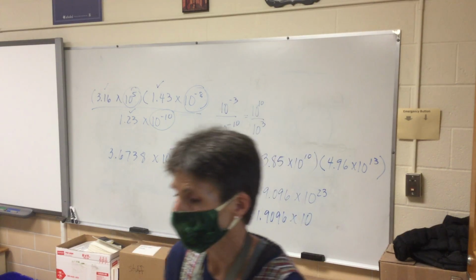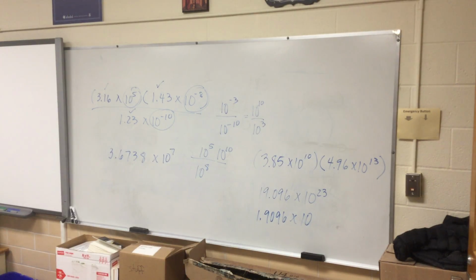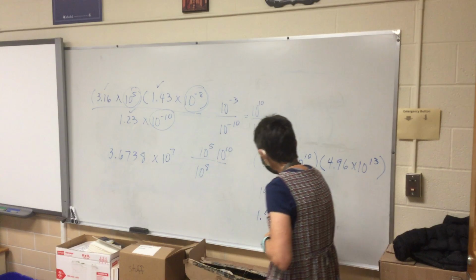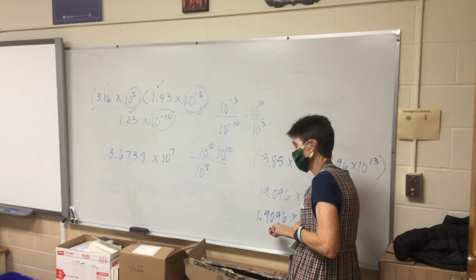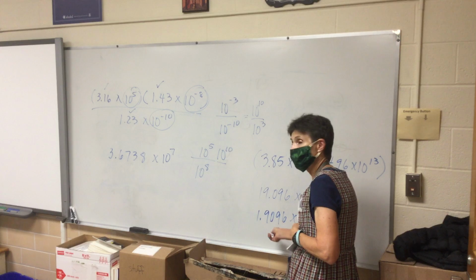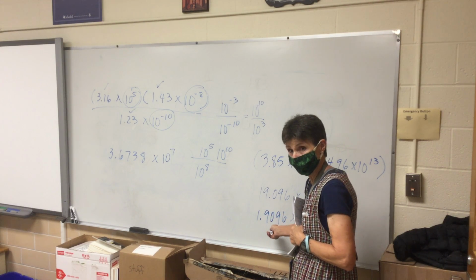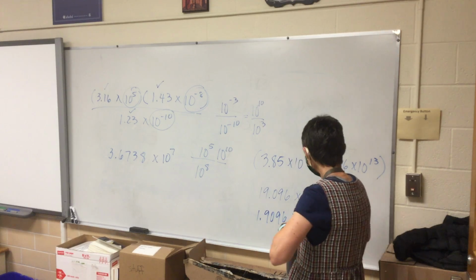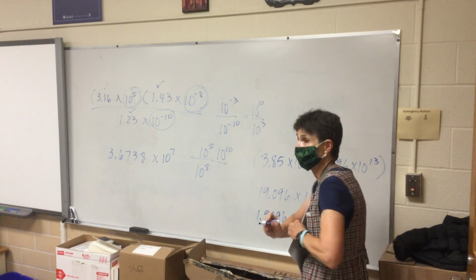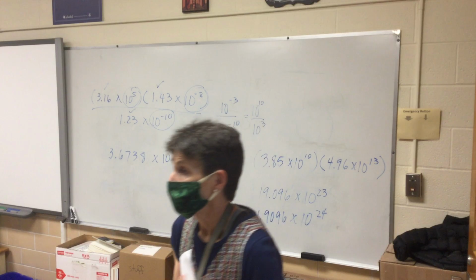Now listen carefully. When I move the decimal point, it's going to change my exponent. Did I make this number bigger or smaller? I made it smaller. And if I made this part smaller, the exponent has got to get bigger.